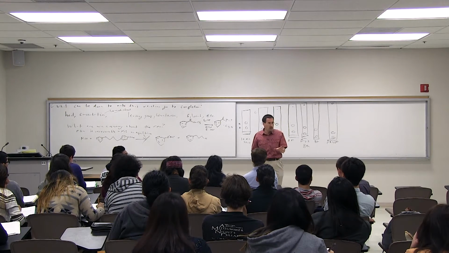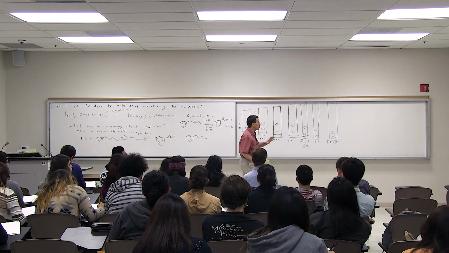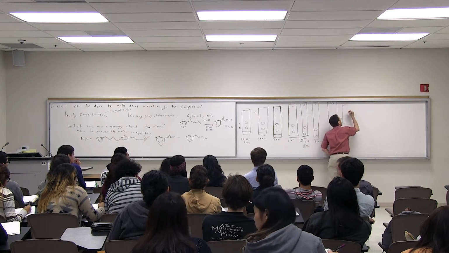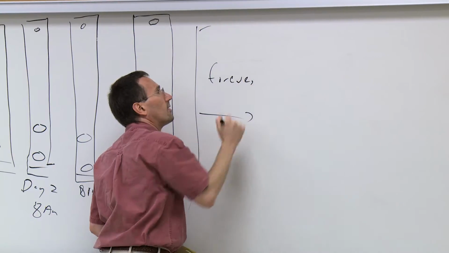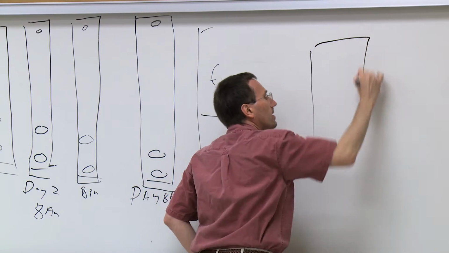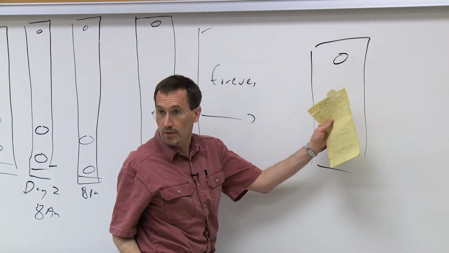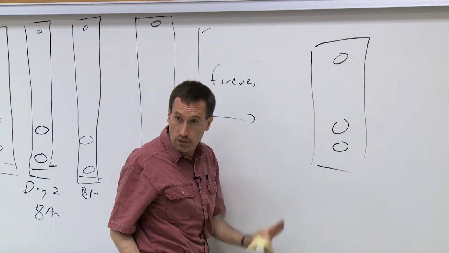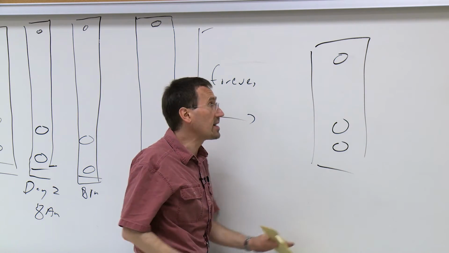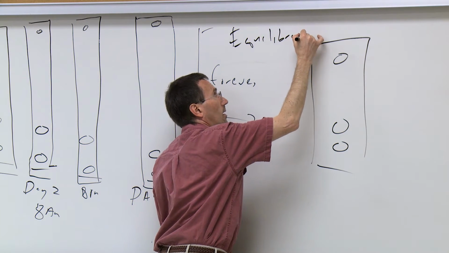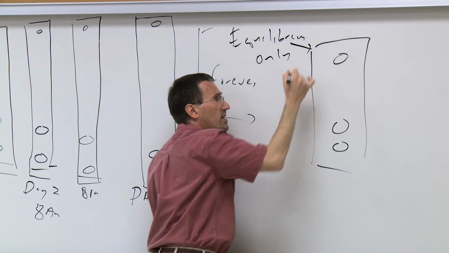If it's an equilibrium, you'd be in a situation where, if you waited forever, this would be whatever the equilibrium lay would be as good as it got. So this would be equilibrium only for this plate.